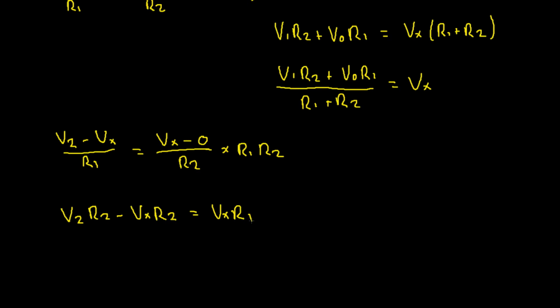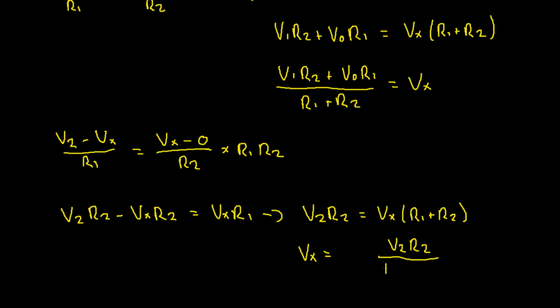Now, as we did previously, we'll move all of our Vx terms to the right hand side. So we can do that by adding Vx R2 to both sides. That will give us V2 R2 is equal to Vx, we'll bring it out the front again, R1 plus R2. Then we can divide through by R1 plus R2 to get Vx on its own, which will give us Vx is equal to V2 R2 divided by R1 plus R2.